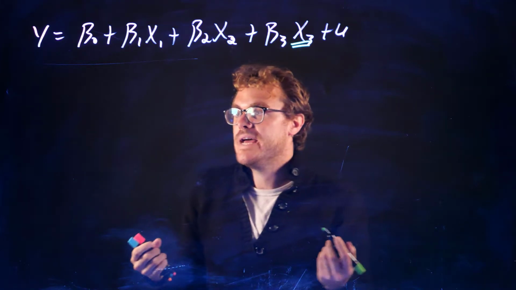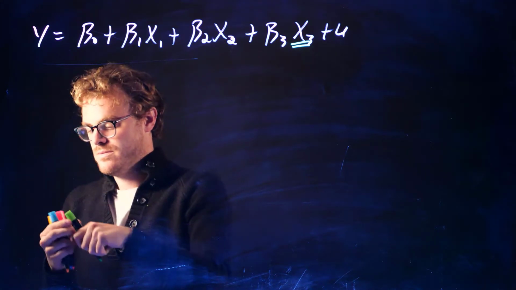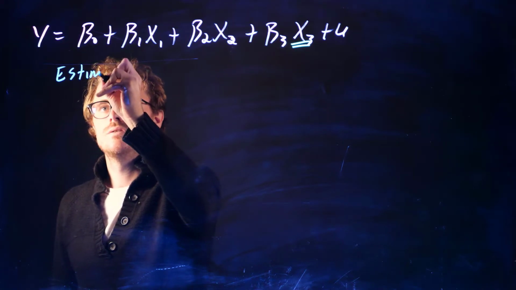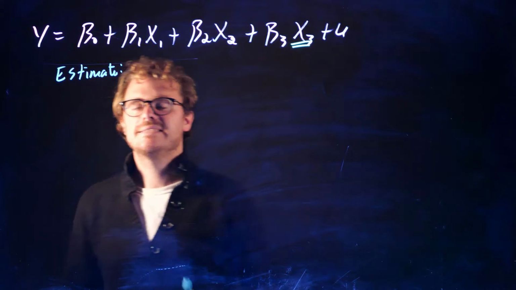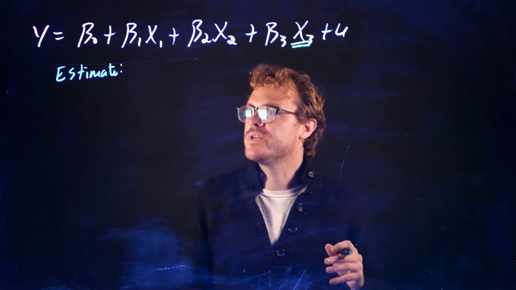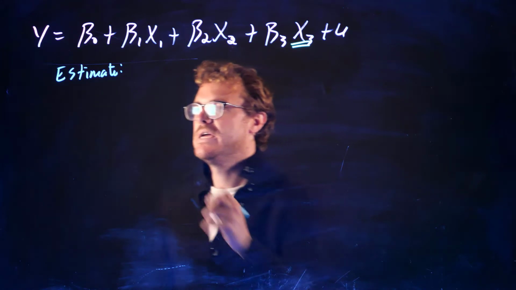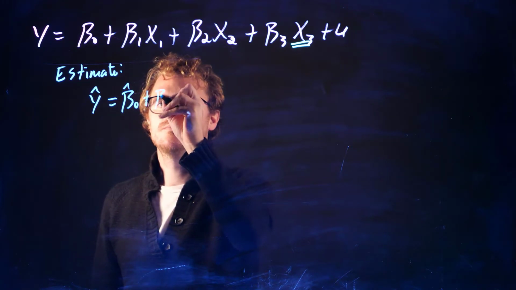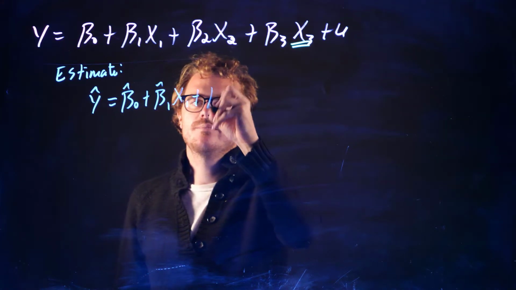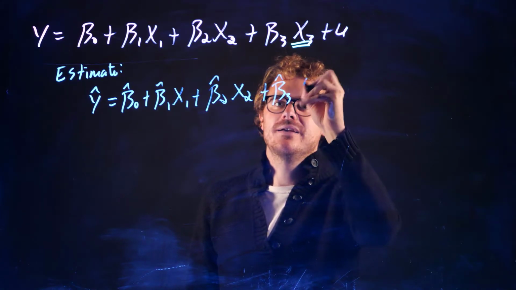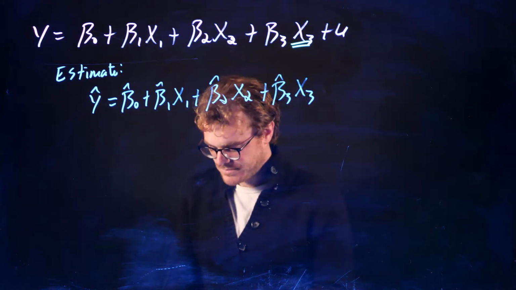So what we do is we'd estimate this model, we'd throw in this data in R or whatever you want to use and run a regression, and we'd have y hat equals beta hat 0 plus beta hat 1 x1 plus beta hat 2 x2 plus beta hat 3 x3.